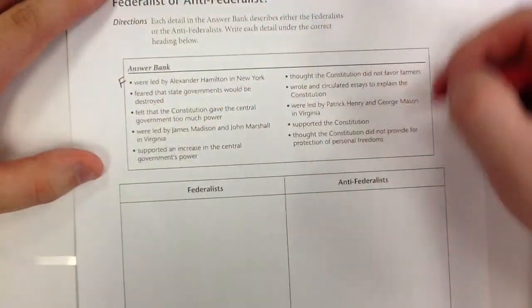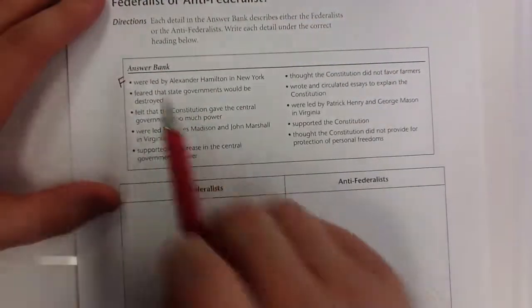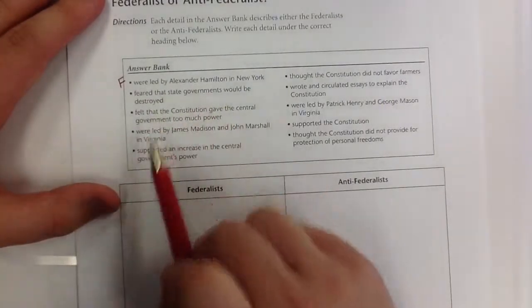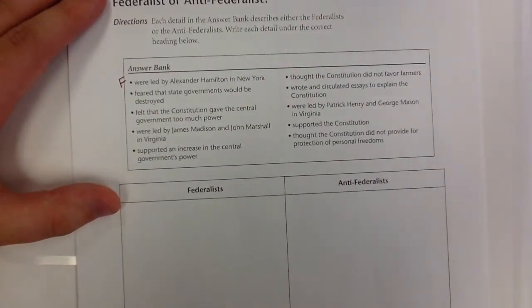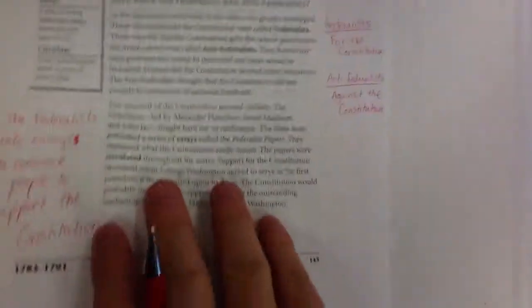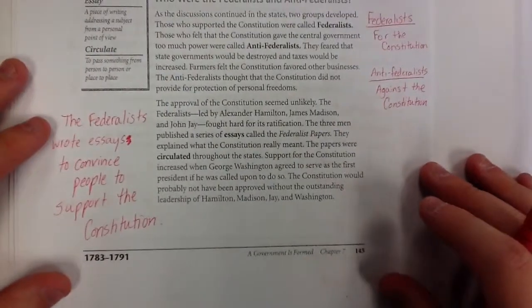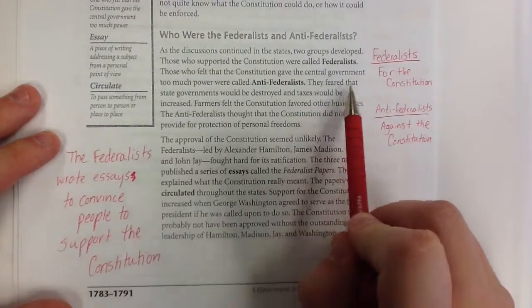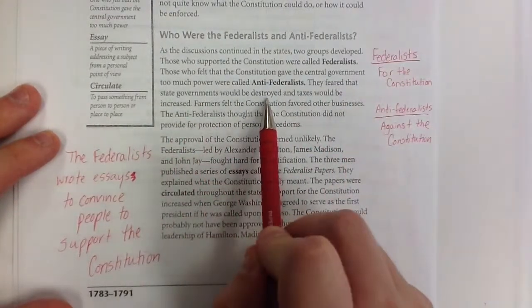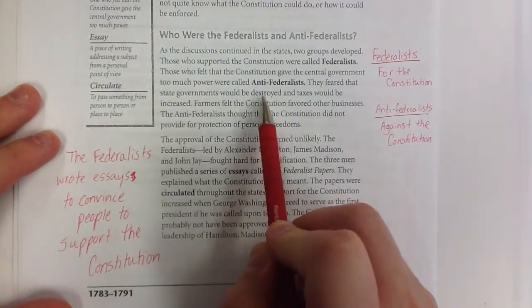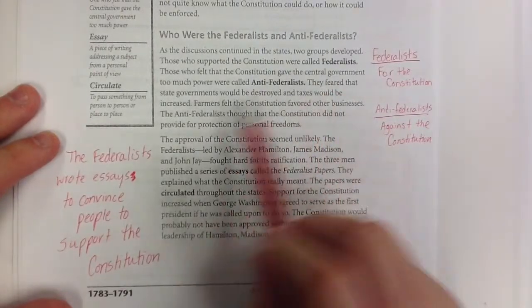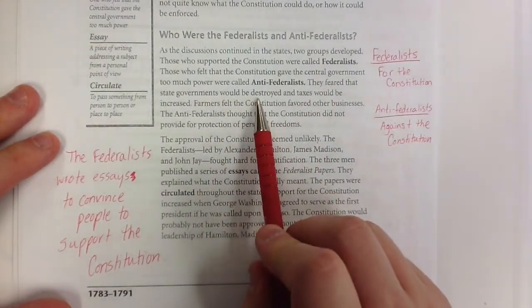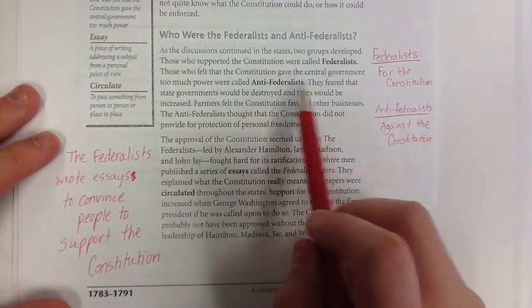Once you go through and you label all of these, let's try the second one as well. Feared that state governments would be destroyed. Well, we go back to our text, and if we look through, oh, I see that phrase. Here it is. Feared that state governments would be destroyed. Oh, I wonder who they were talking about. I don't know who they is, so I'll go back one more sentence.